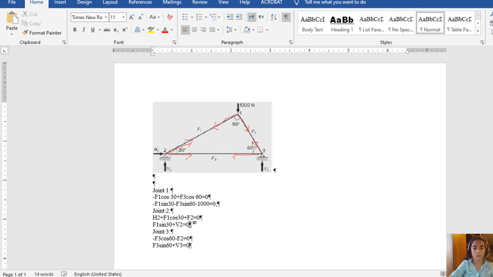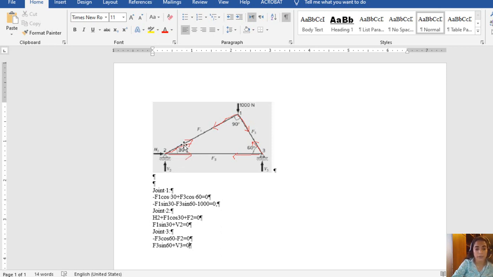Okay, so let's take a look to make sure that I don't have any error. So this is minus F1 cosine 30 plus F3 cosine 60 plus 0 is equal to 0, minus F1 sine 30 minus F3 sine 60 minus 1000 is equal to 0. They are all downward. And here I have H2 plus F1 cosine 30 plus F2 is equal to 0.